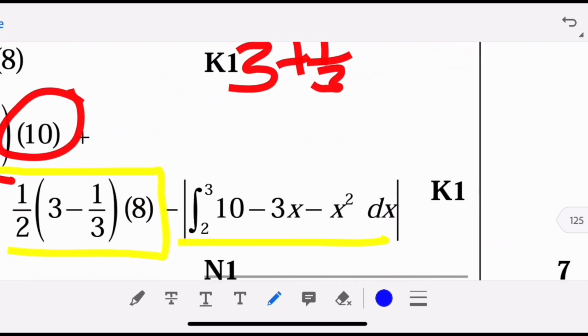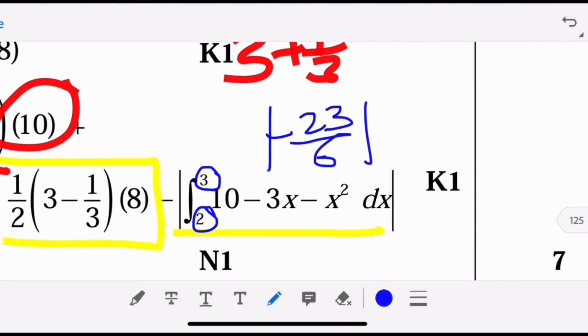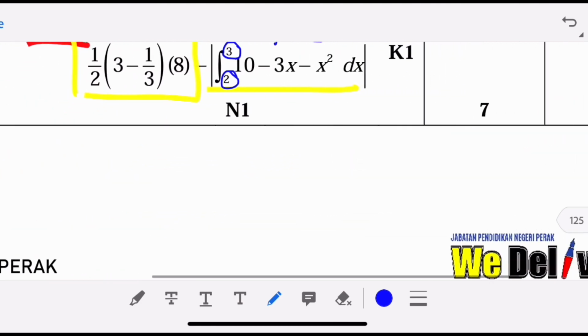So integration from 2 to 3, but you will get -23/6. So you must make it positive because it's a modulus.